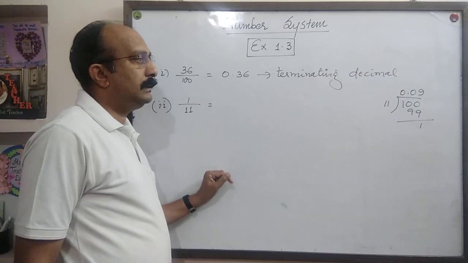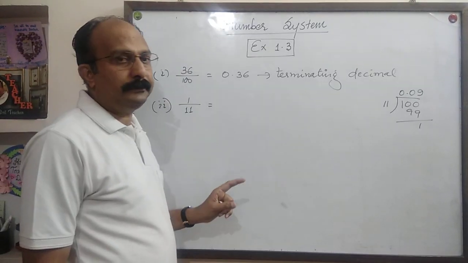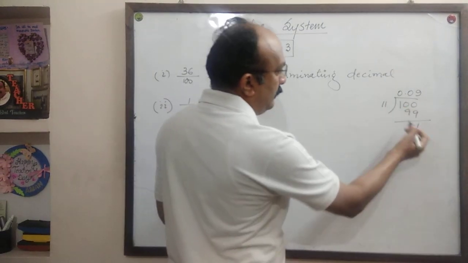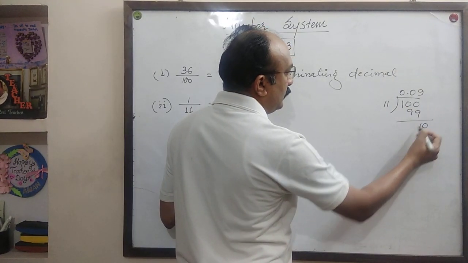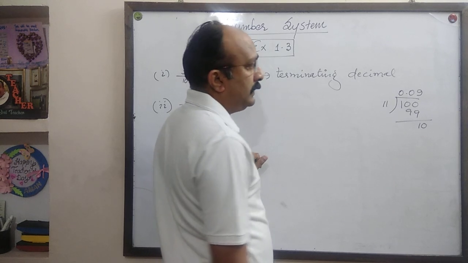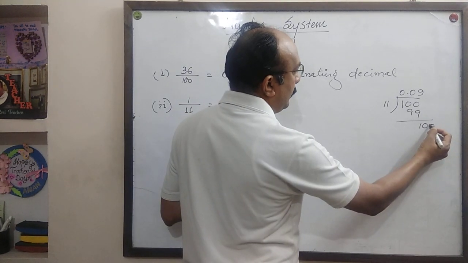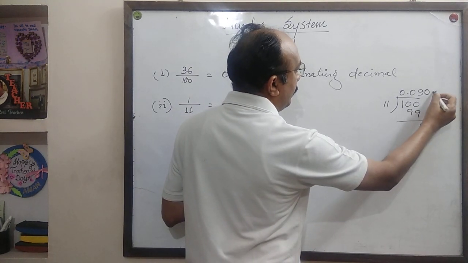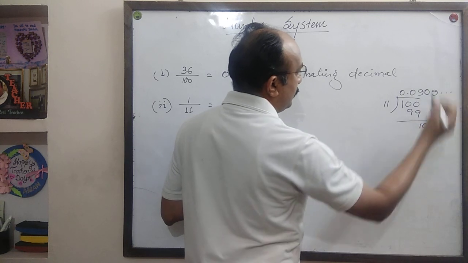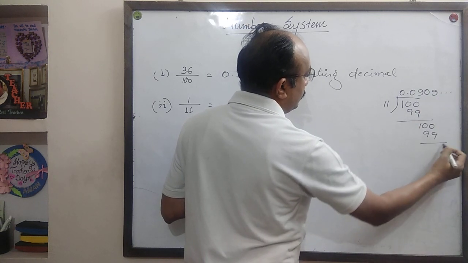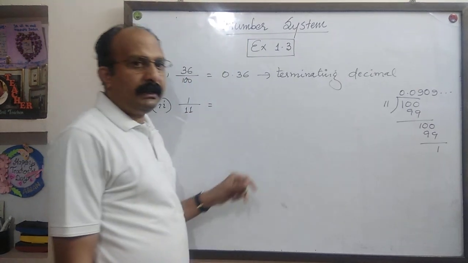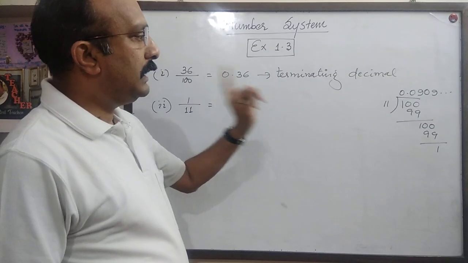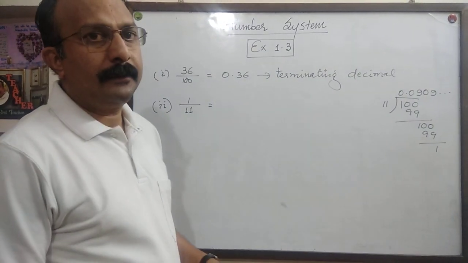Again the remainder is 1. When the remainder is 1, you know, again these things will happen. In every step, you can see the remainder is 1.